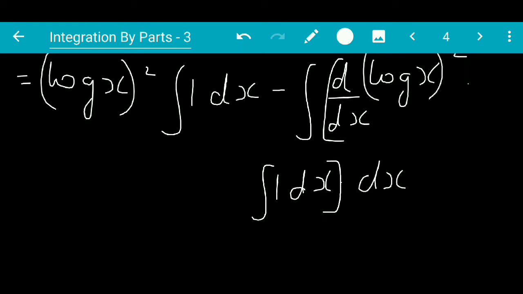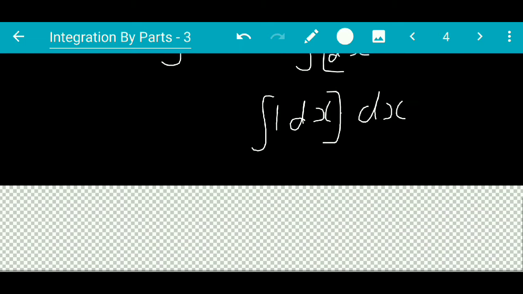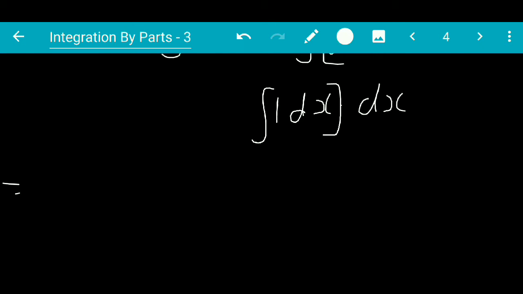Those who have gone through the formula for u into v will know very well how the sum is to be done. So we first keep log x the whole square as it is, and the integral of 1 dx becomes x. So therefore here we are going to get log x the whole square into x.